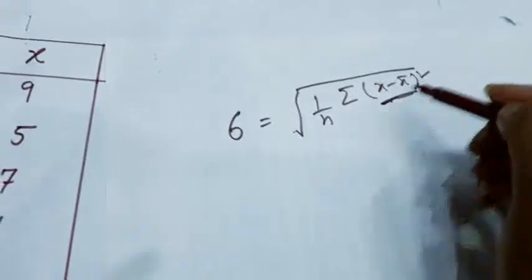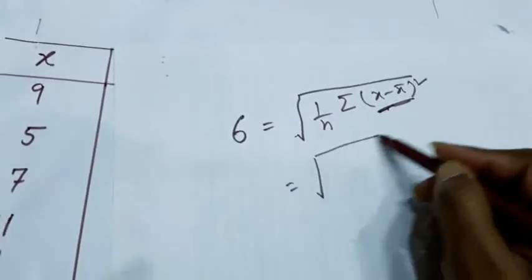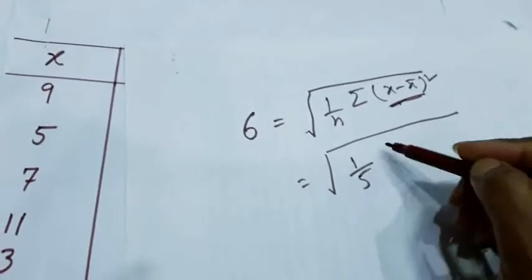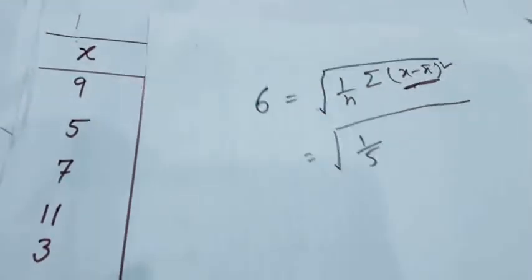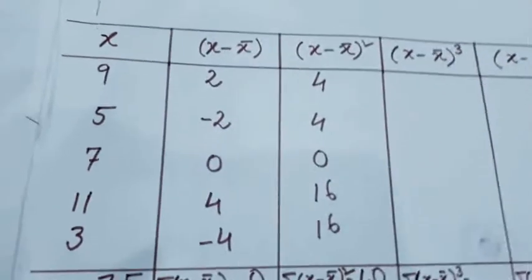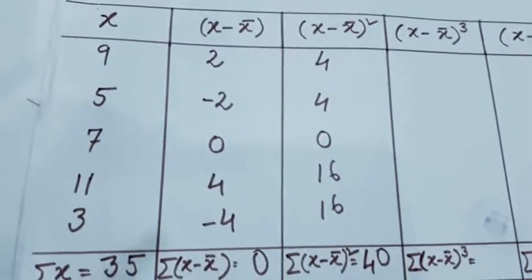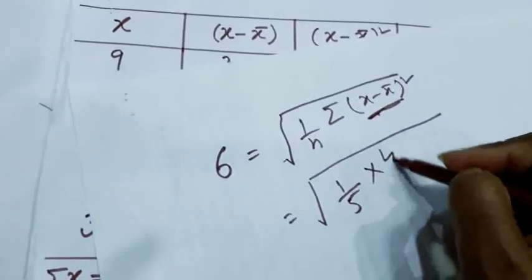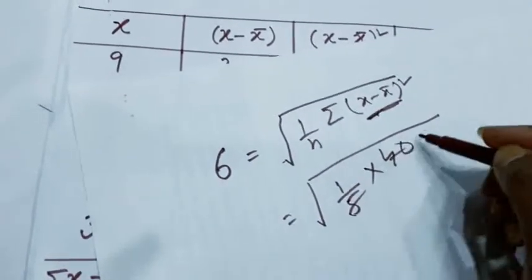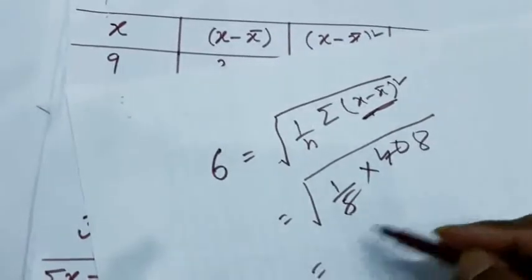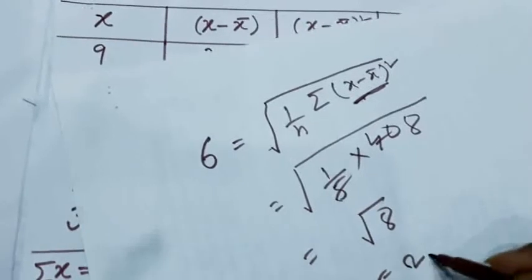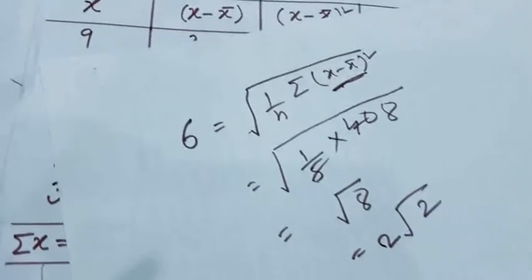So 1 by n means 1 by 5, summation (x minus x bar) whole square, it is 40. So 1 by 5 into 40 equals to 8. It means root over 8 equals to 2 root 2. This is the sigma.